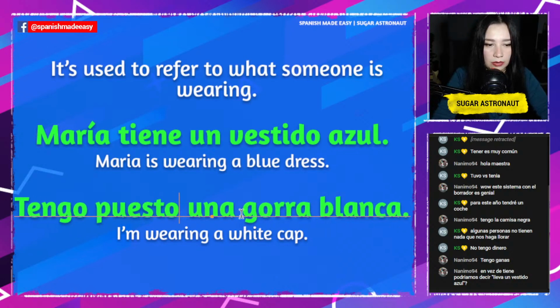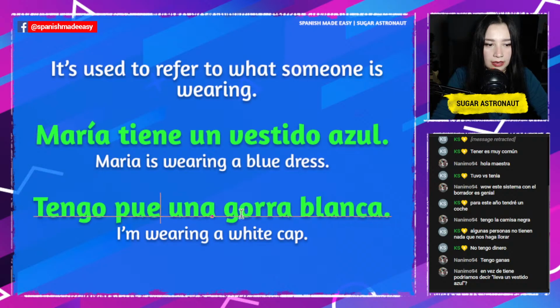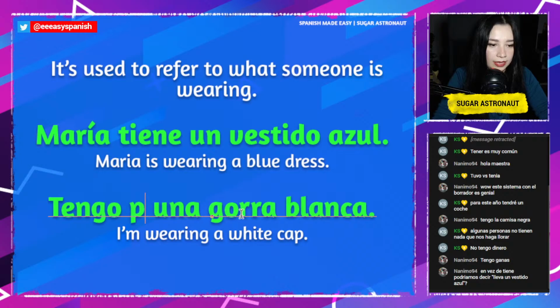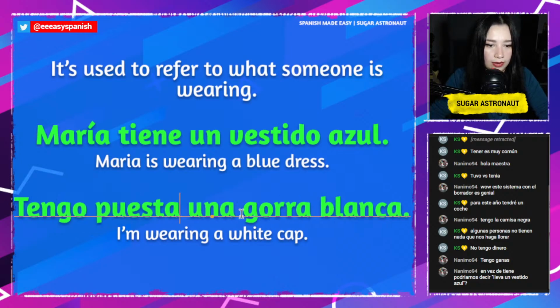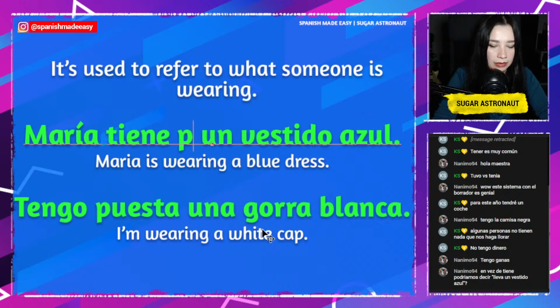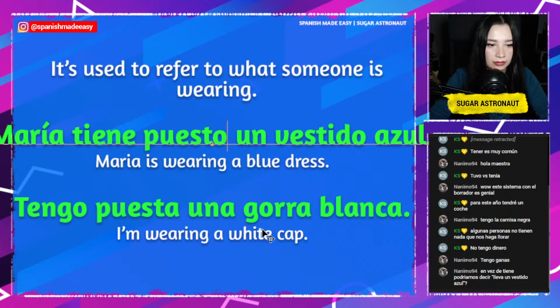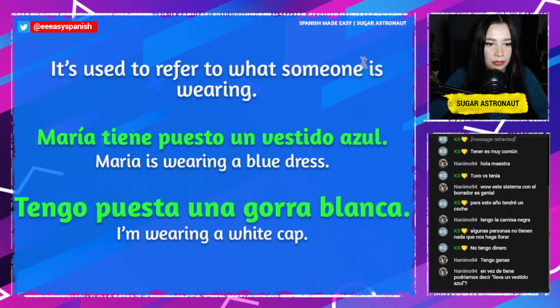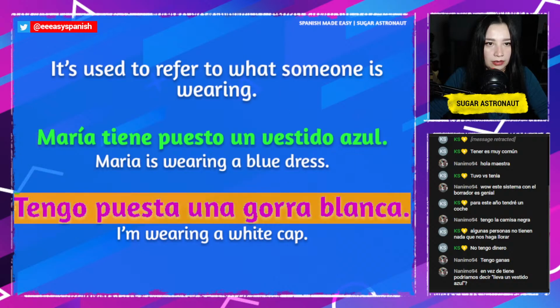The phrase tener puesto, you're saying that you're wearing something, okay? Tengo puesta una gorra blanca, okay? Or María tiene puesto, it's kind of long, tiene puesto un vestido azul.